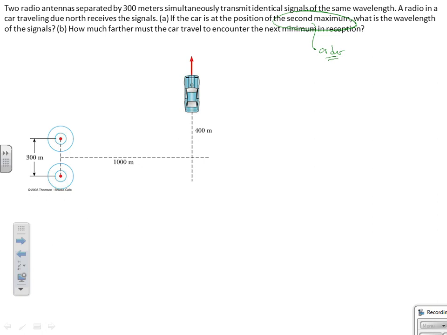Okay, what's the wavelength? All right, so if at 400 meters away from the midpoint between them, that's the position of the second order maximum, let's find that wavelength. So, what we're going to start with is we're going to say that n lambda is d sine theta, where for us, n is 2.